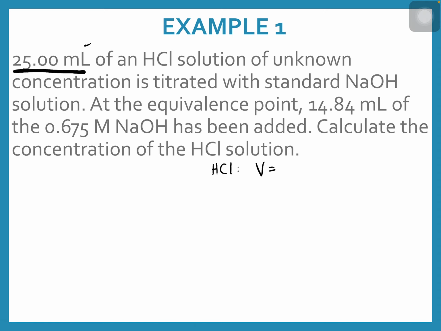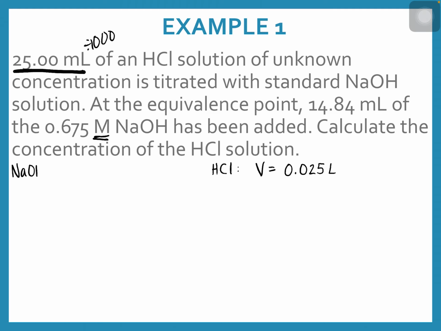I'm going to divide that by 1,000 to get to liters, so 0.025 liters, because concentration is in molar, which is moles per liter. So that is going to be titrated with the titrant or the standard sodium hydroxide solution.